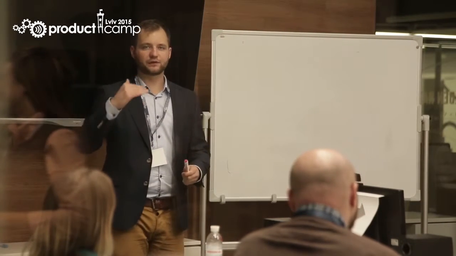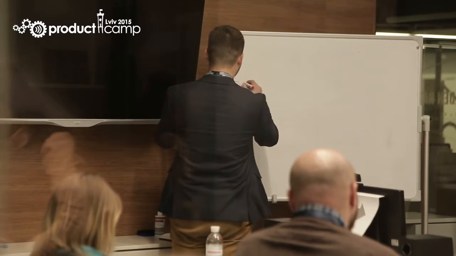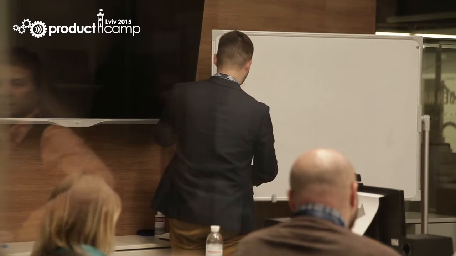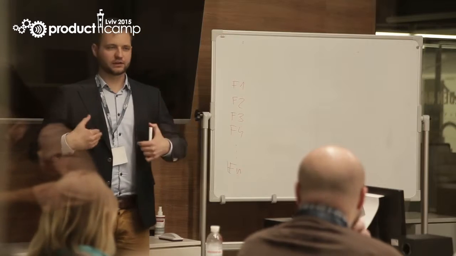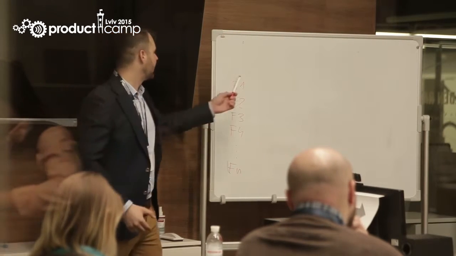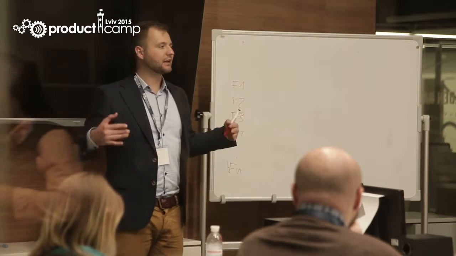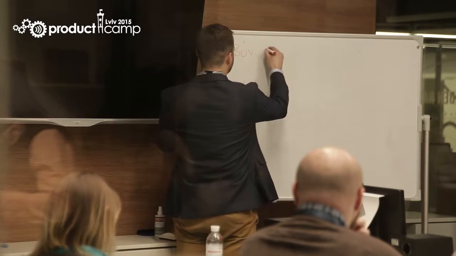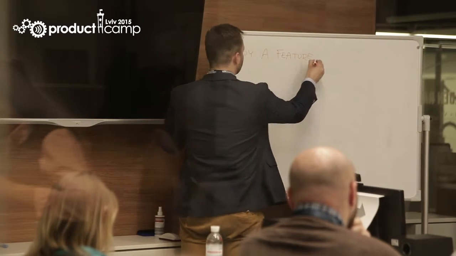If I have a list of features exactly as in the scoreboard, so feature 1, feature 2, feature 3, and so on. Instead of sitting in front of a scoreboard and trying to evaluate different angles, different impact of these features on my business, I'm giving the voice in this technique by a feature to the audience.